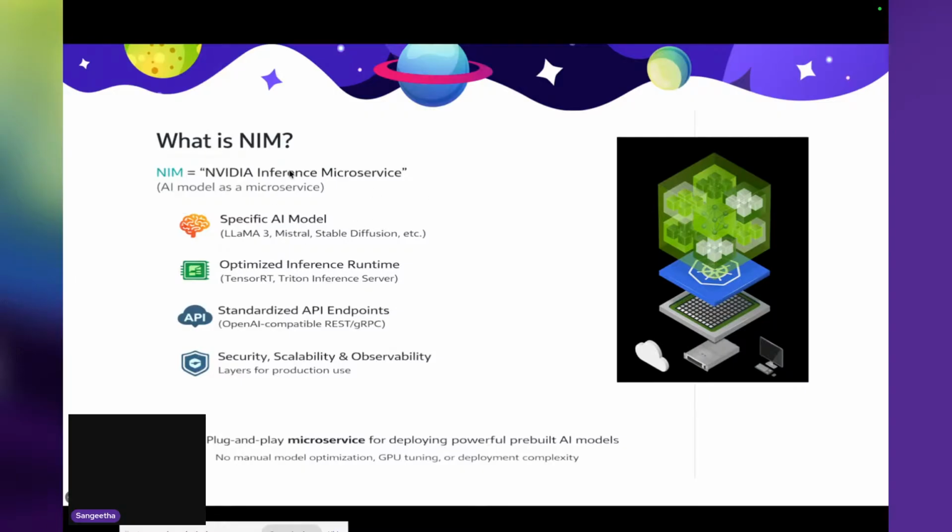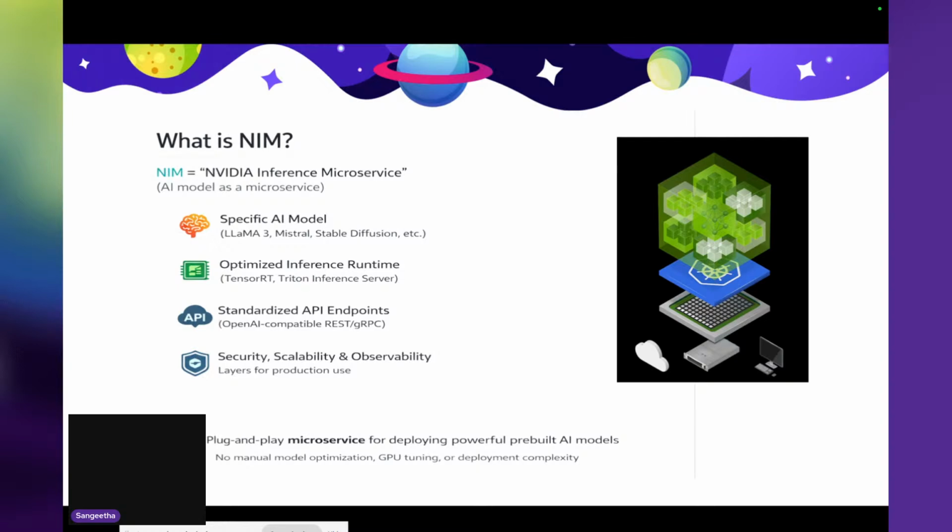Let me start with what NIM is. For all of you who are new to this, NIM stands for NVIDIA Inference Microservice, right? You can think of it as packaging an AI model as a microservice.